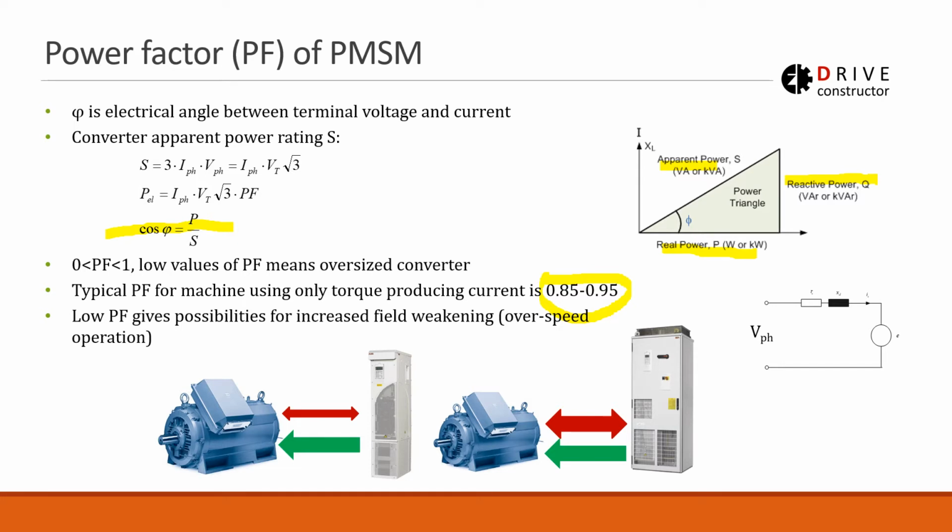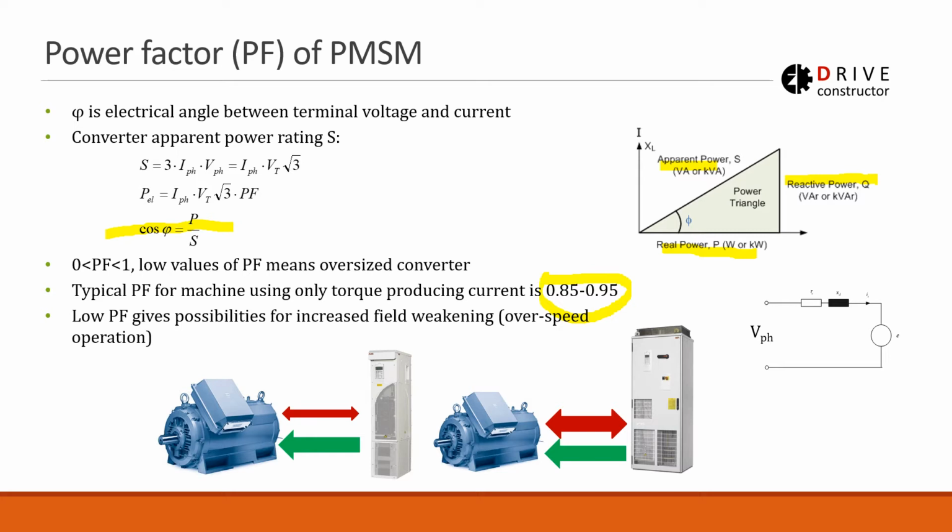For machines with permanent magnets, during the design stage, we can affect the power factor, cos phi. If we put more magnets into our design, then usually the power factor will be higher for this machine. Fewer magnets, then it will be lower. And the field weakening capability of the permanent magnet machine will be affected by the number of magnets.